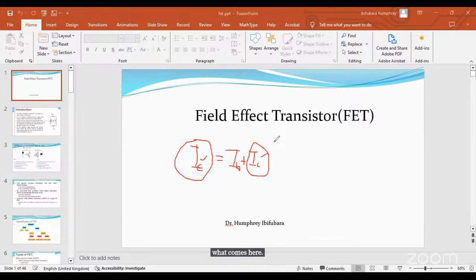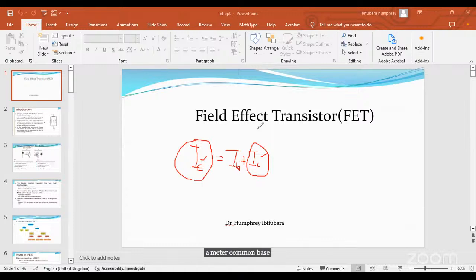And of course, for amplification, you remember that I said the transistor must be connected in active mode. And if it's in active mode, most often, the emitter base junction is forward bias, while the collector base junction is reverse bias, irrespective of the configuration, whether it is common collector, common emitter, or common base.